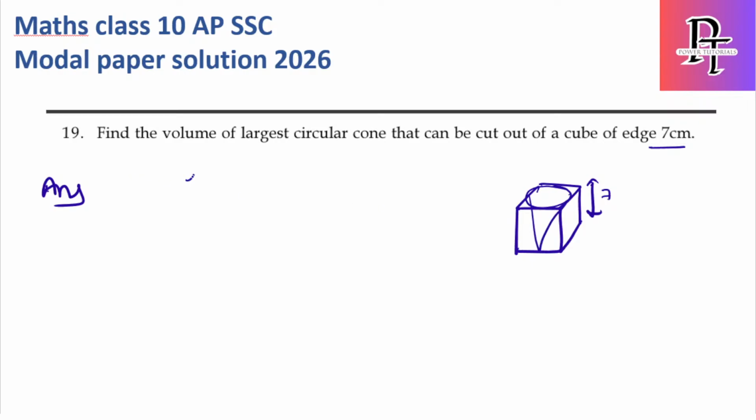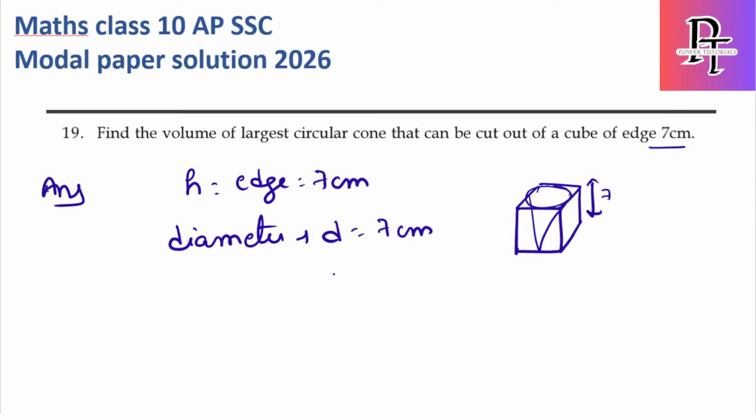So the height of the cone is equal to the edge, which is 7 centimeters, and the diameter of the cone is also 7 centimeters. If the diameter is 7, what is the radius? 7 by 2 centimeters.